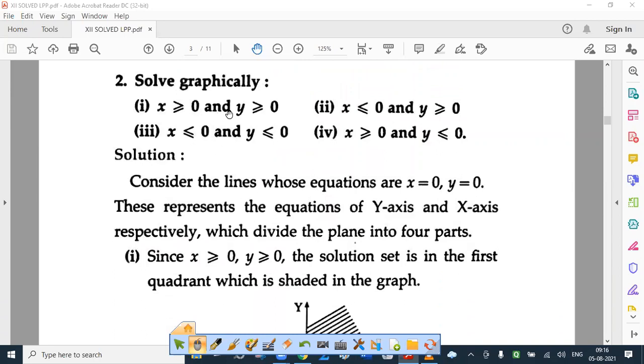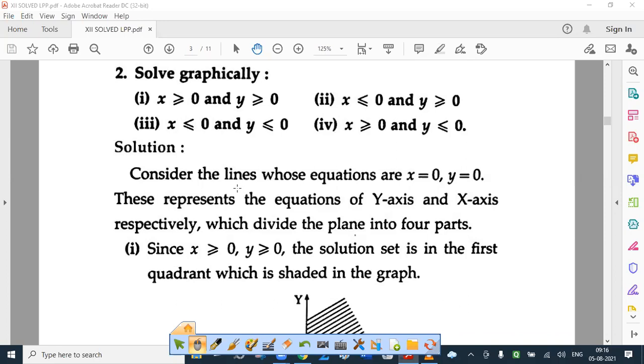Now you will notice that this is a system of inequations. Why? Because x greater than or equal to 0 and at the same time y greater than or equal to 0. Let me explain. Consider the lines whose equations are x equal to 0 and y equal to 0.